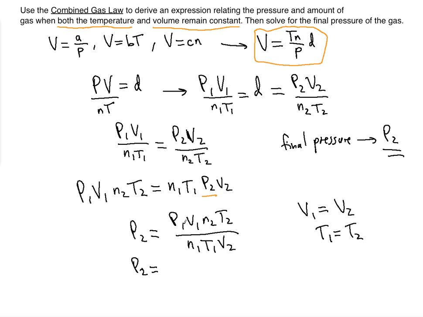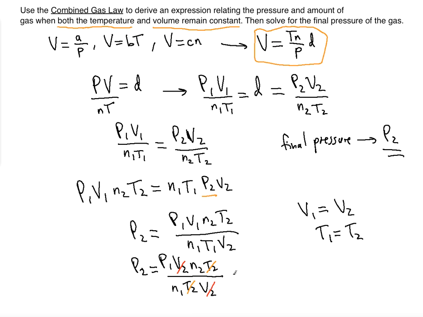So P1 is not going to be touched because the pressure is not constant, obviously. V1 is equal to V2, so we're going to set V2 for V1, N2, and T2 as it is, and then divided by N1. T1 is the same as T2, so we substitute, and then V2 as it is. And look what happens. As a result, we will cancel the same guys. T2 cancelled with T2, V2 cancelled with V2.